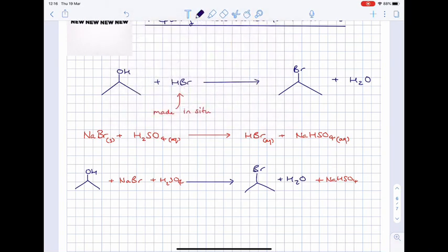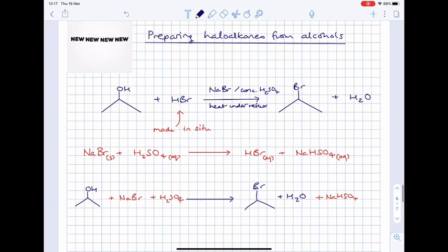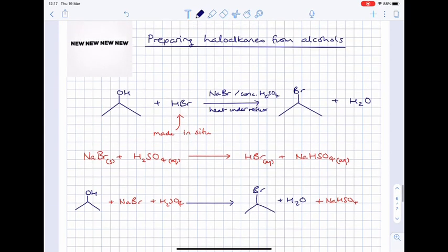So this is going to be sodium bromide and concentrated H2SO4 and heat under reflux. This is a reaction condition you need to learn. That's the only new reaction we're doing today in this video.